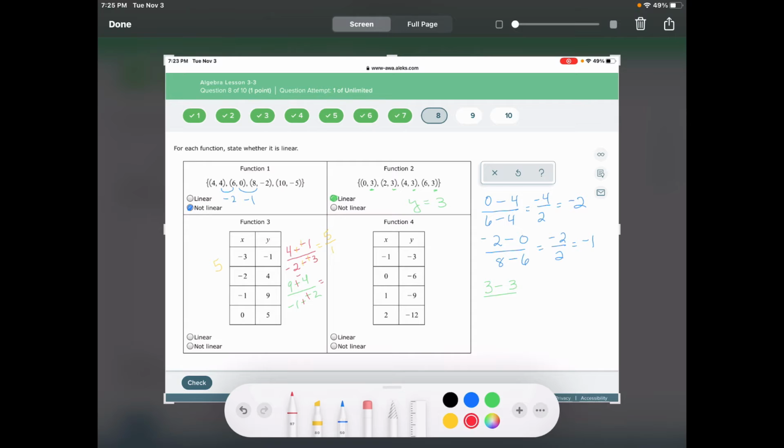That is 5 over 1. So that's 5. Awesome. Let's see, I'm going to do 5 minus 9 over 0 minus negative 1. Uh-oh. This is negative 4 over 1. That's weird.